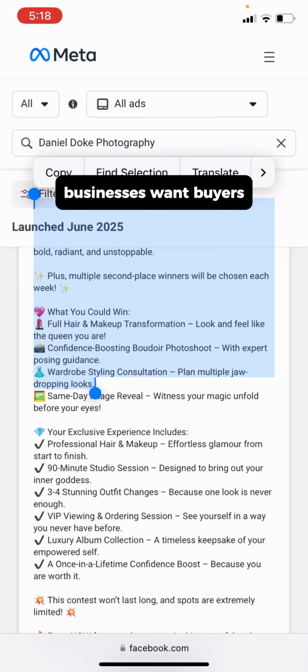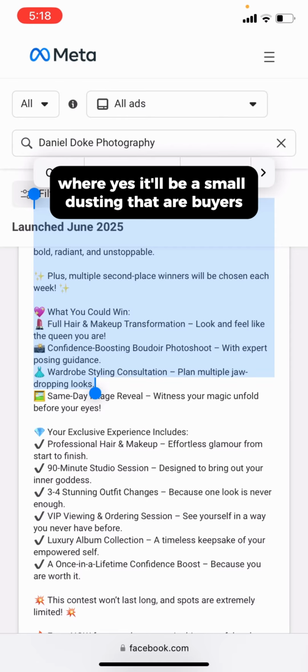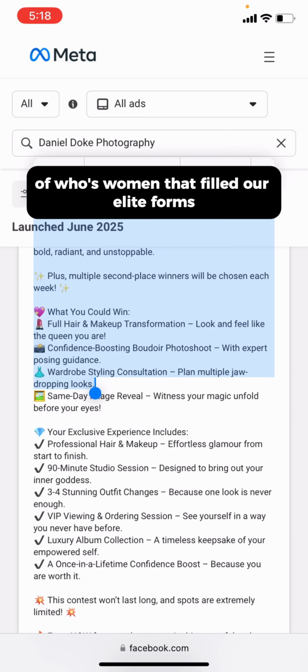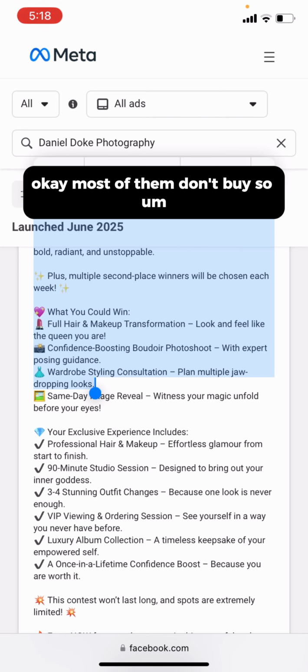Businesses want buyers. And so we tell Meta to go to lead form filler outers, or literally tell them to go to non-buyers, where yes, there'll be a small dusting that are buyers. I mean, look, if we just look at our data of women that filled out our lead forms, do most of them buy or not buy? Okay, most of them don't buy.